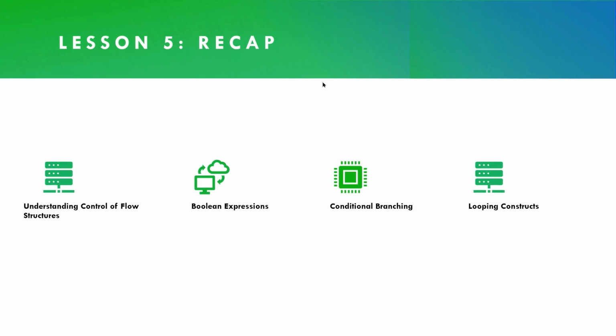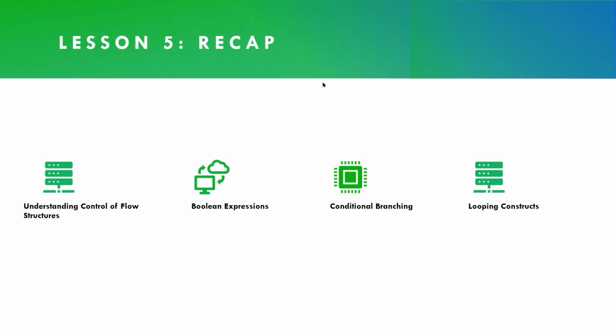In this lesson, we went over control of flow structures, and we utilized pretty much all of them. So we worked with our looping structures, we worked with our decision structures, and we started with a general understanding of our control of flow structures and their variations.